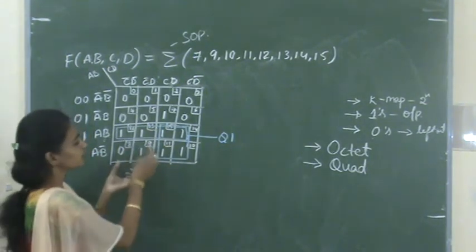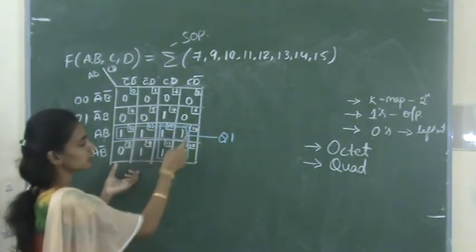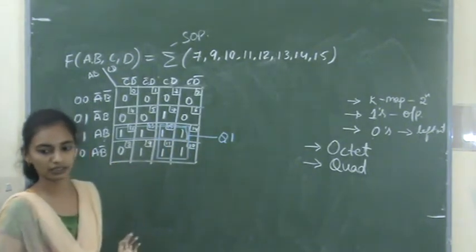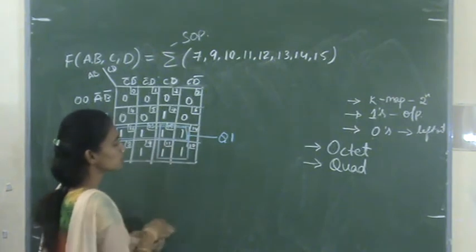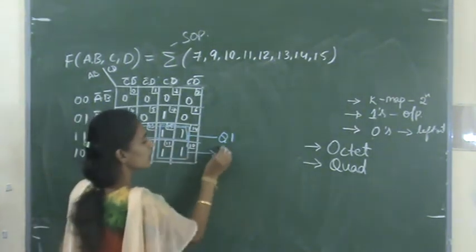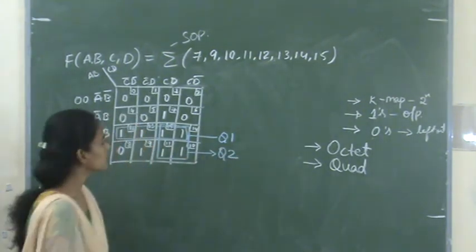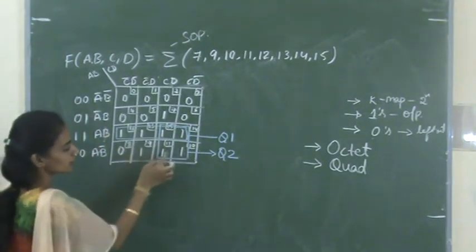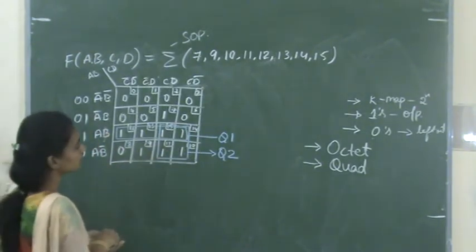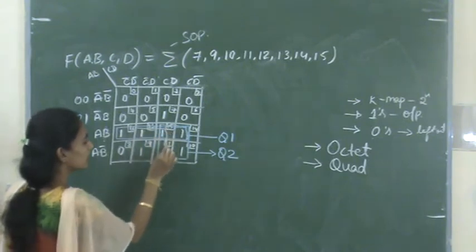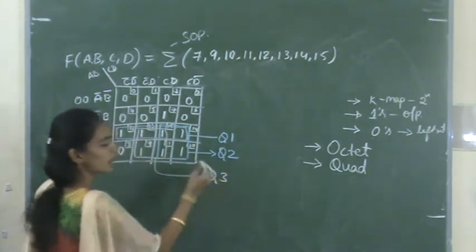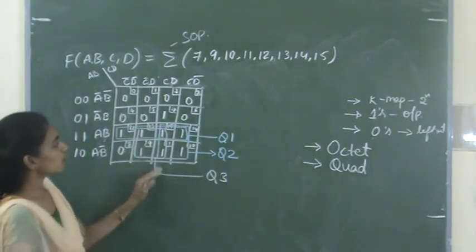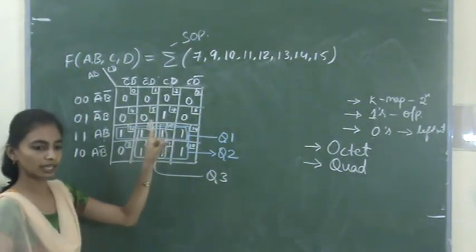Okay. So see, here this has to be encircled and this has to be encircled, right? So I encircled one more. So this becomes quad 2, right? Here we have 4 adjacent ones, right? So again this has to be encircled. So this becomes quad 3. Okay. After this, only 1 remains here.